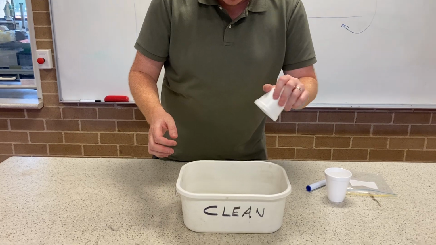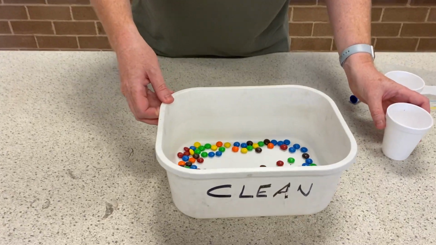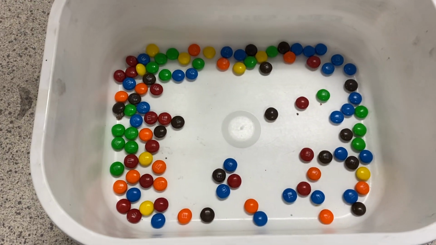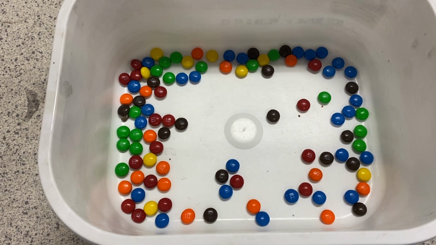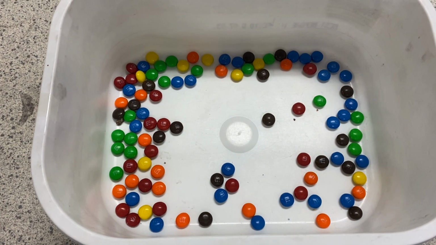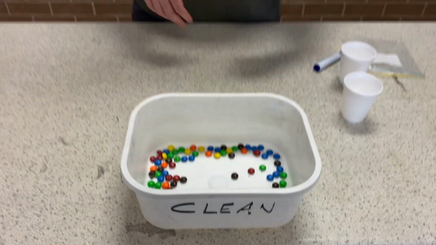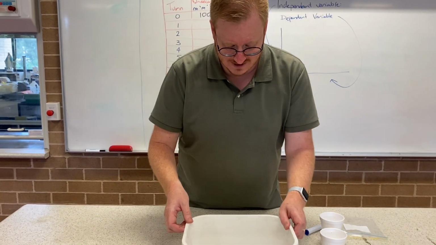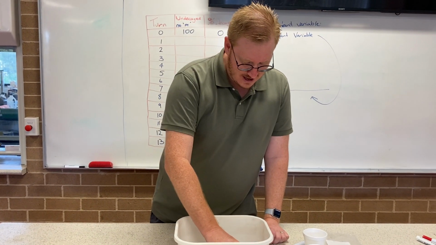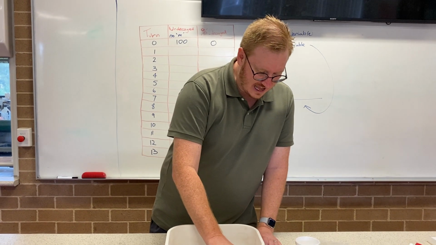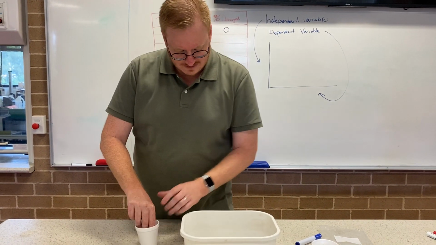Alright, pour them all out. You can take a look. The M's that are facing up are the ones that have decayed. So it's like we've just flipped 100 coins. Bear with me. I'm going to take the decayed ones out and put them in this cup.